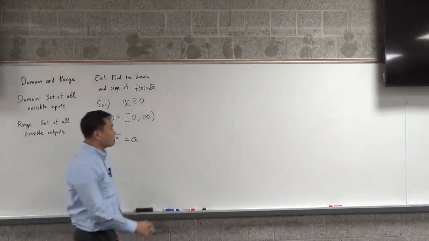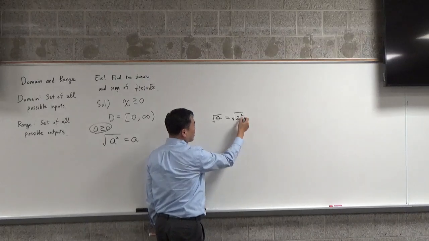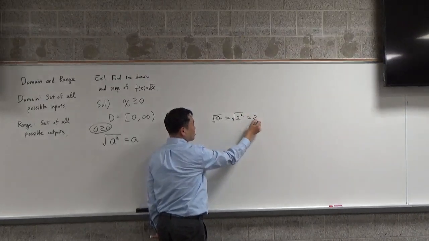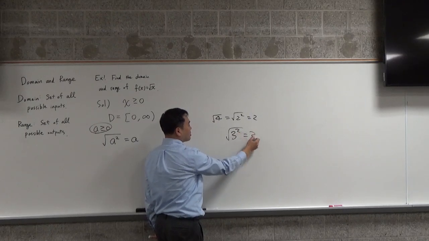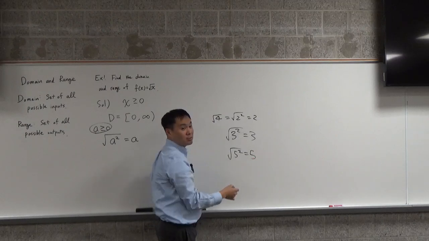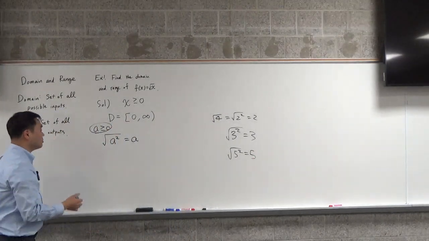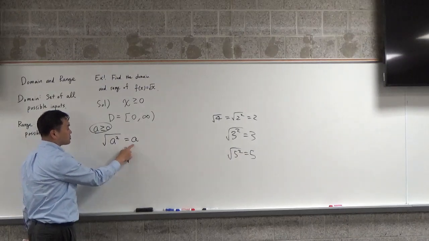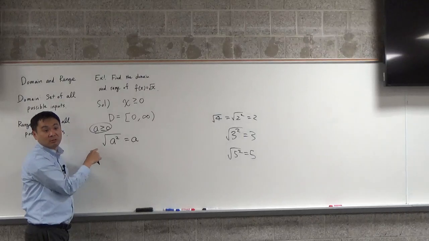Just as square root of 4 is square root of 2 squared, and then the squared and the square root cancel to give you 2, right? So, I mean, we know all kinds of identities like this. Square and square roots cancel. So, because of this, we see that any number could be the output of this function.